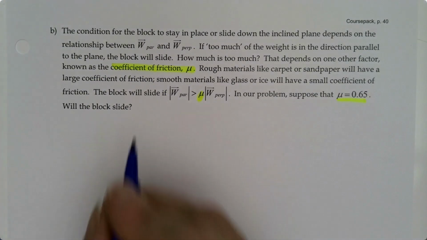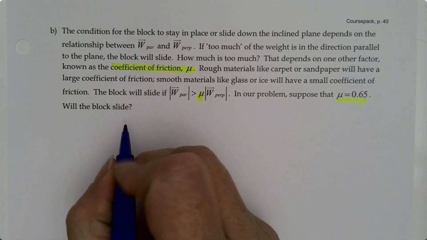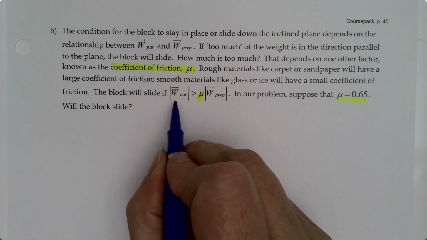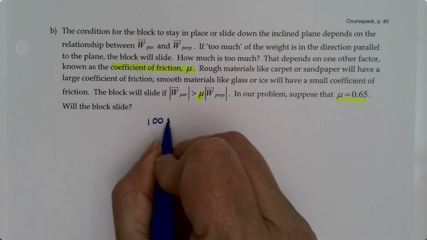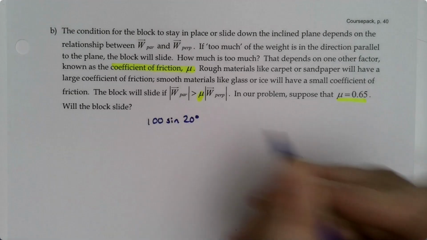So let's see if it's going to slide or if it's going to stick. The magnitude of W, the weight, in the parallel direction was 100 sine of 20 degrees.